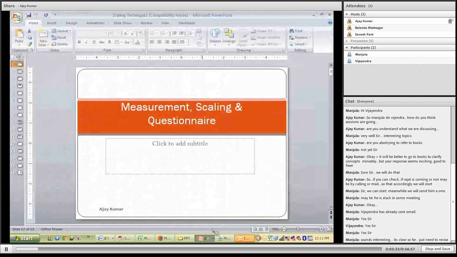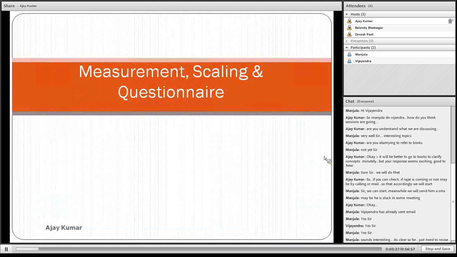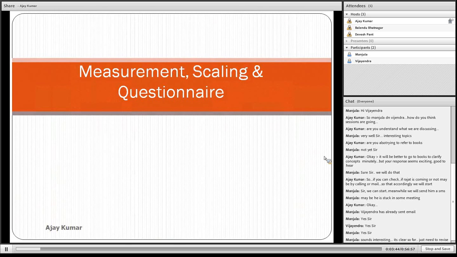So now let us try to understand today's topic, which is measurement, scaling, and questionnaire. The questionnaire we will cover in our coming sessions. Today we will start from measurement and scaling. Measurement is something you would be hearing a lot about, but in research the meaning of measurement is a little different from its literal meaning.